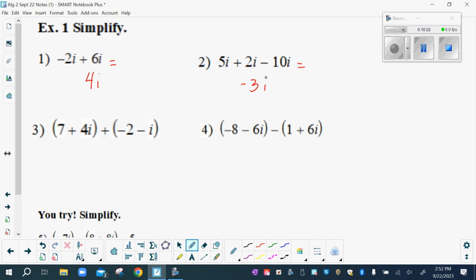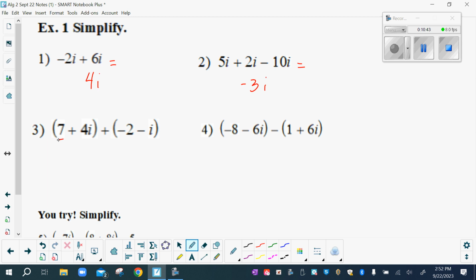Okay, number 3. Now we've got 2 complex numbers that we're adding together. What do you think we might do there? Any idea, Nick? Group the like terms. Yeah, group the like parts together.